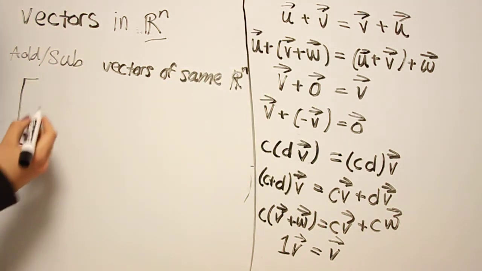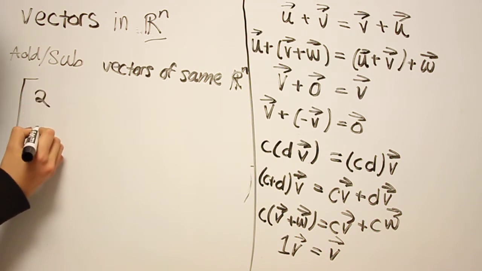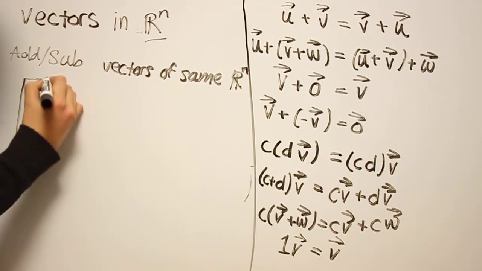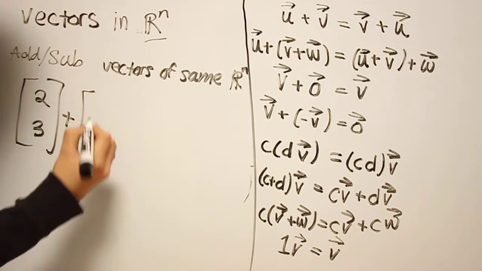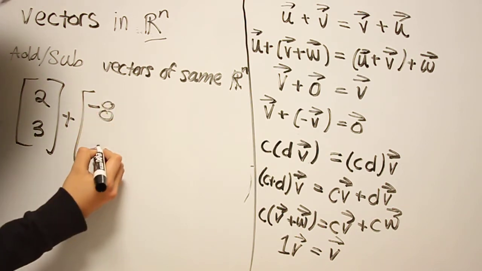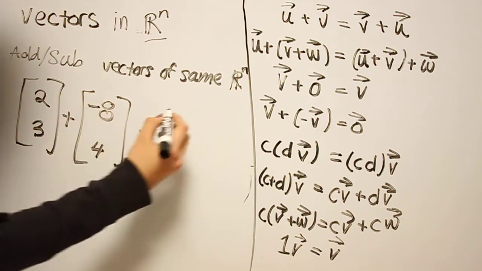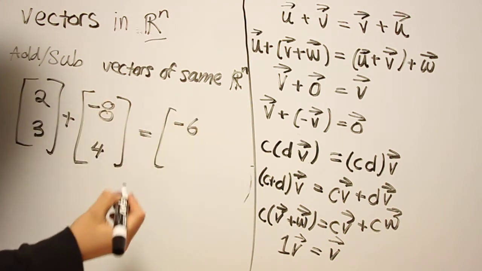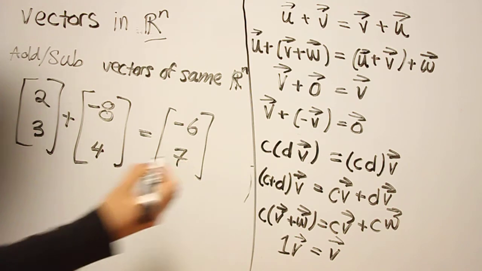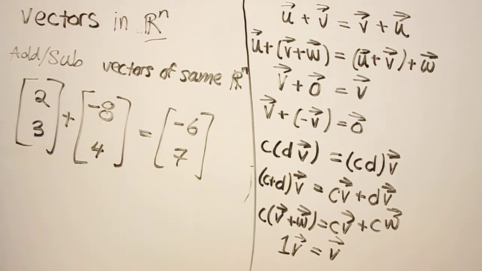So, for example, we can add a vector that lives in R2 to a vector that lives in R2 as well, and we just add across. So we get -6 and 7 here. And same for subtraction, it would just be very simple arithmetic.